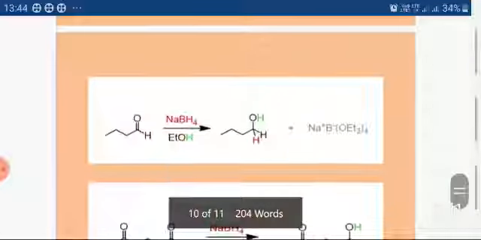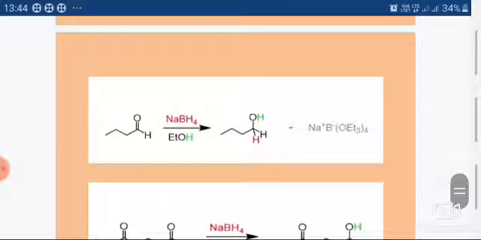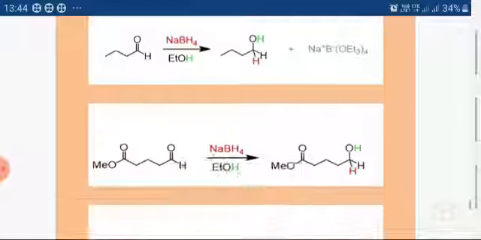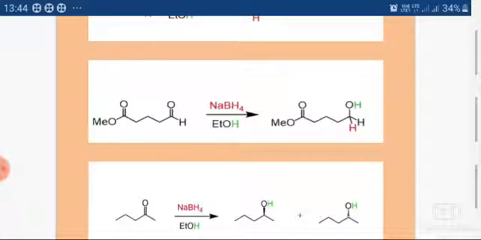Now the next is when butanal undergoes the reaction with sodium borohydride, then it gives you butanol. This is another reaction of conversion of an aldehyde to alcohol. The next reaction example is an ester, an aldehydic ester. This aldehydic ester undergoes the reaction with sodium borohydride to form an alcohol. Now here see the selectivity.